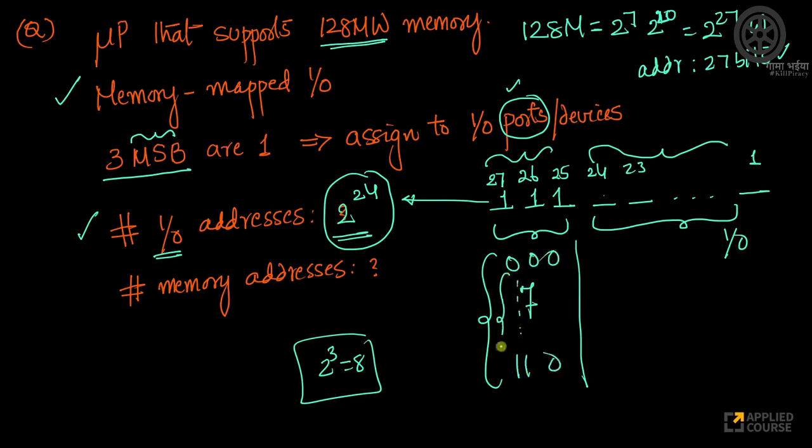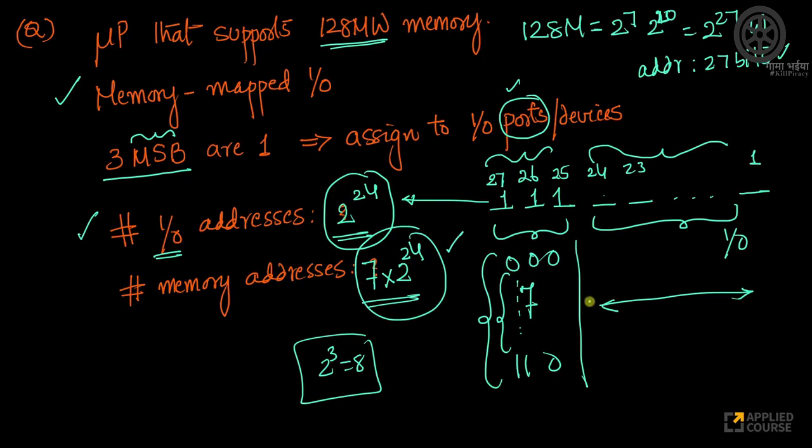If you enumerate them, you'll get 7 options. So the first 3 bits can take 7 out of the 8 values. The next 24 bits can take 2 power 24 values. So the total number of memory addresses is 7 into 2 power 24.